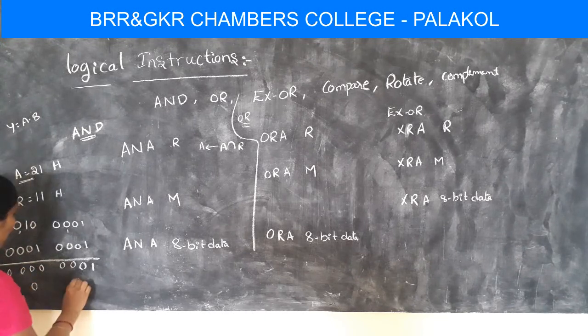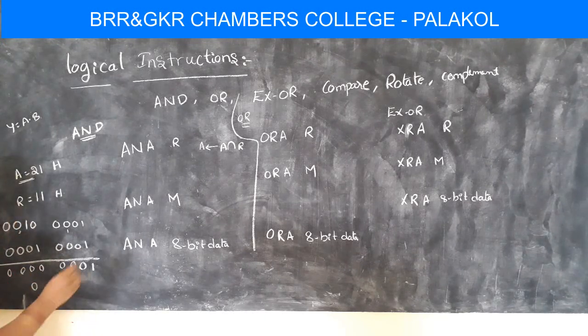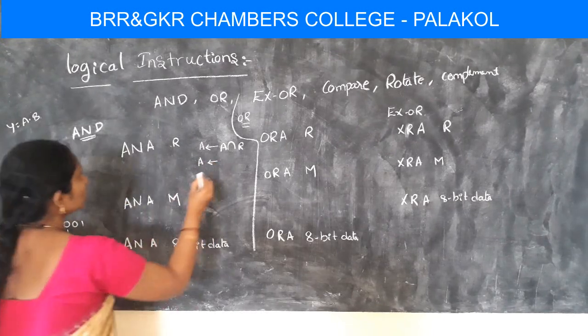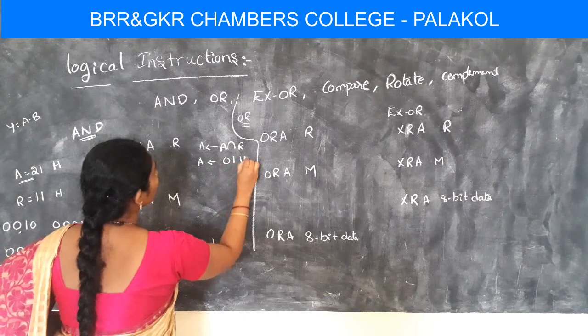Therefore this is 0 and this is 1, so the accumulator will store the result 01H.